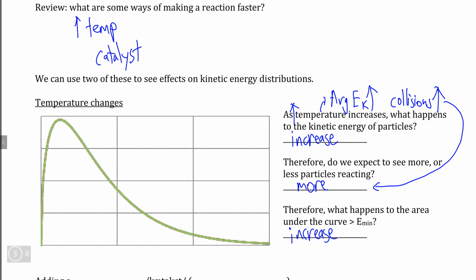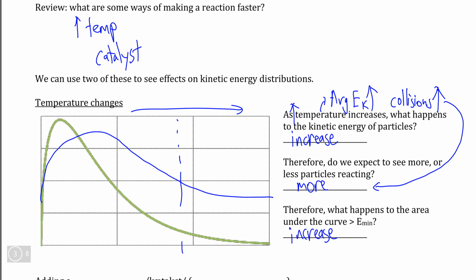And the way that we modify a kinetic energy distribution is with a vertical stretch, which in this case, because this curve looks a little bit strange, will look like this. So here, basically, the peak of the curve has shifted down, and more of the area that is spread out here is pushed that way towards the curve.